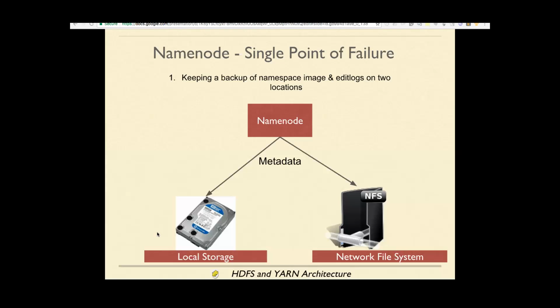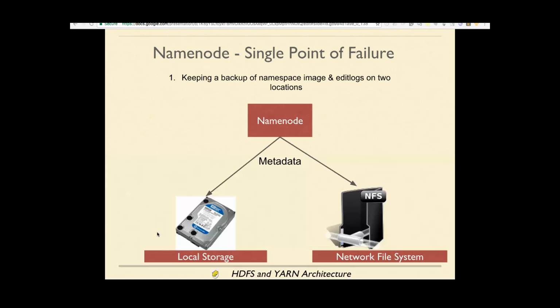Two files are maintained on the disk: one image, the other edit logs. The image contains the periodic snapshot of the metadata, while edit logs contain the modification instructions, saying this data got changed, this file got deleted, this file got added, and so on.